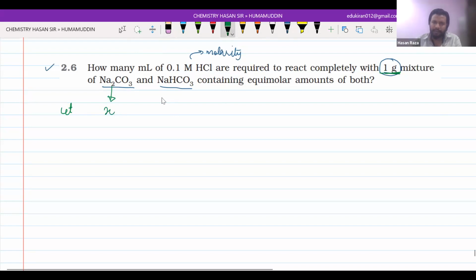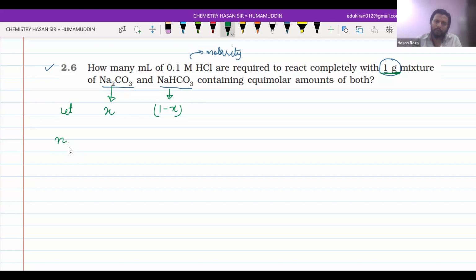What will be the weight of NaHCO3? 1 minus X, because total weight of Na2CO3 and NaHCO3 is 1. So if I take the weight of Na2CO3 as X, then the weight of NaHCO3 will be 1 minus X. Yes or no? Yes.